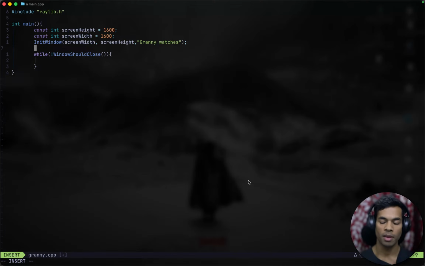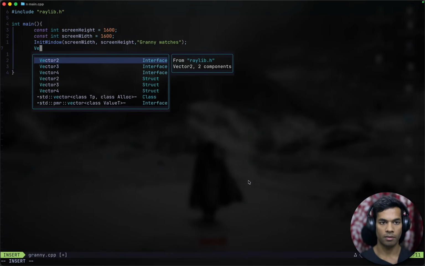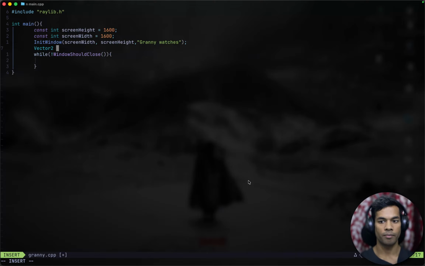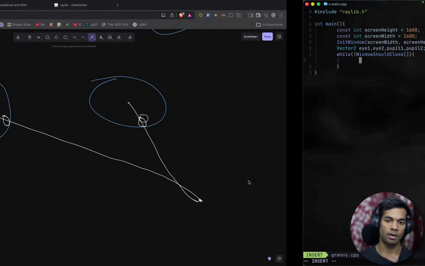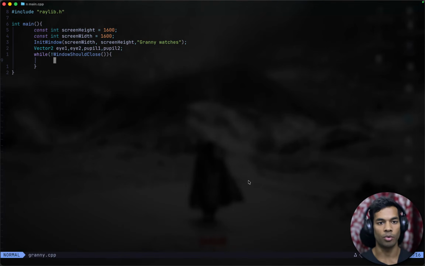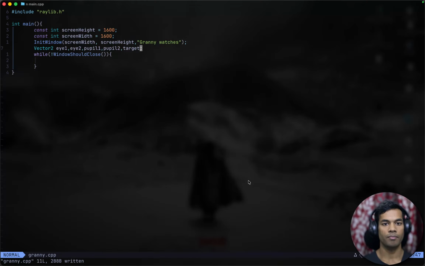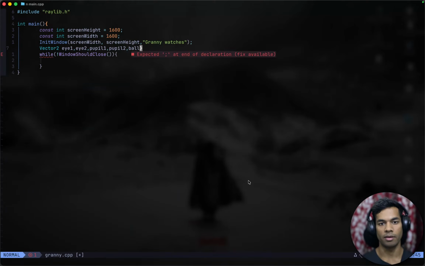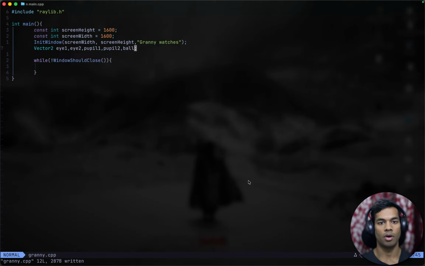We need four circles, Vector2 I1, I2, and pupil 1, pupil 2, and we will also have a circle which will be moving with our mouse. We'll call it ball, and initially the ball would be at the center of the screen.